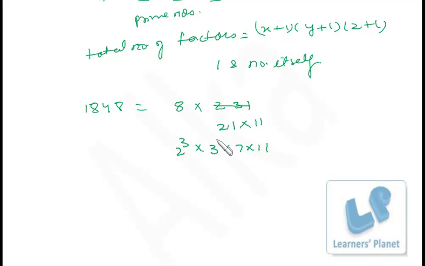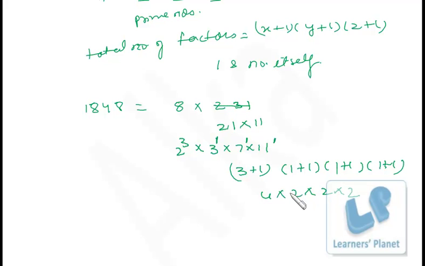So it is 3 raised to 1, 7 raised to 1, 11 raised to 1. Now if the total number of factors is asked, it will be (3 plus 1) into (1 plus 1) into (1 plus 1) into (1 plus 1). So 4 into 2 into 2 into 2: 4 twos are 8, twos are 16, twos are 32 factors, inclusive of 1 and 1848, right?